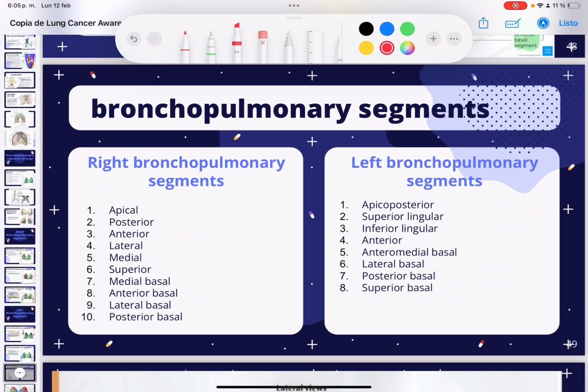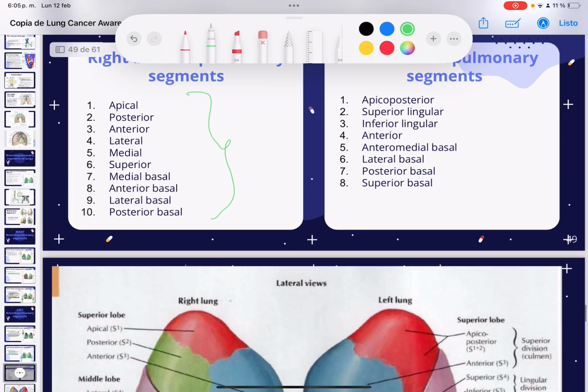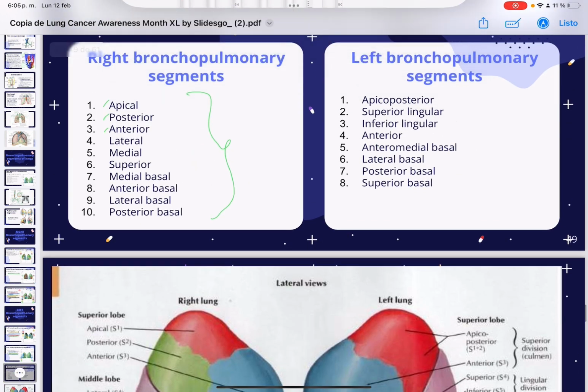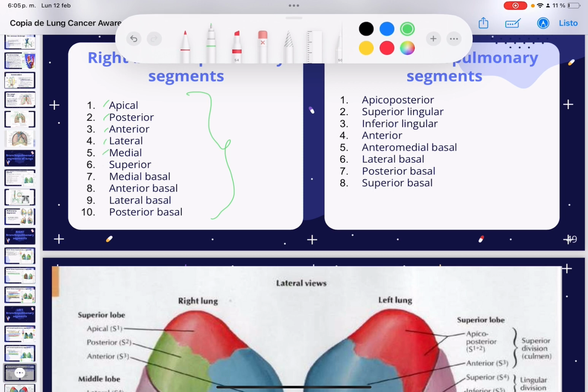Bronchopulmonary segments. So let's learn them by heart. Let's remember them by heart. APA, LMSM, ALP. Apical, posterior, anterior, lateral, medial, superior, medial basal, anterobasal, lateral basal, posterior basal.